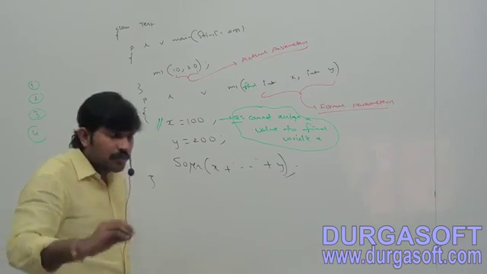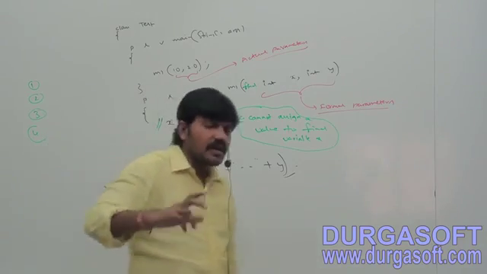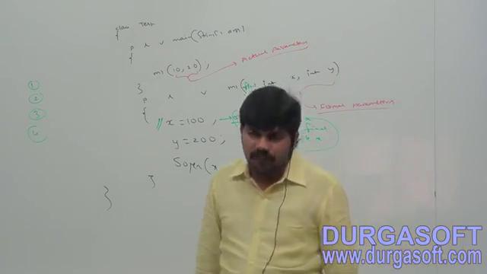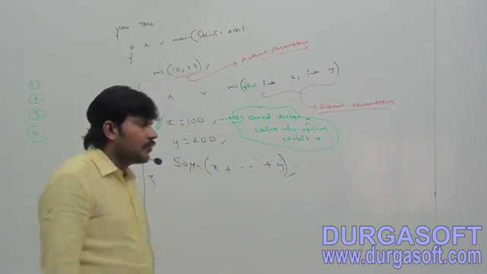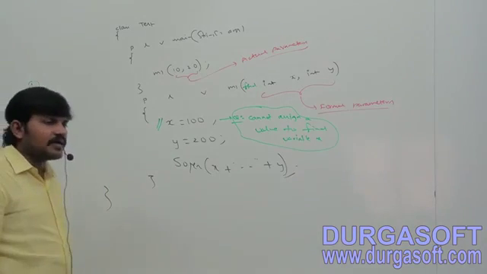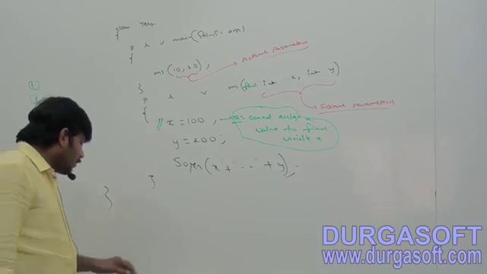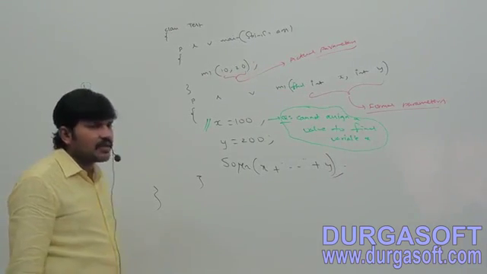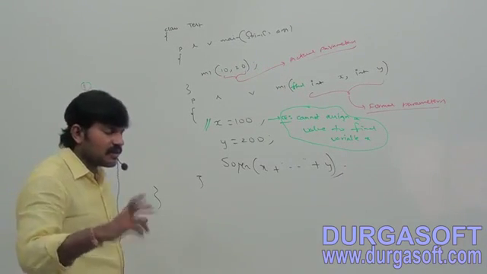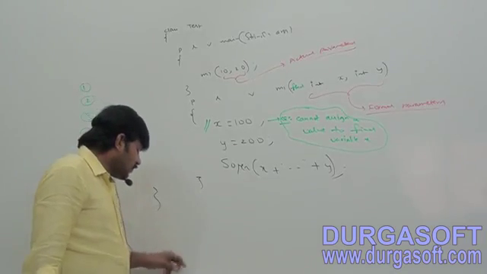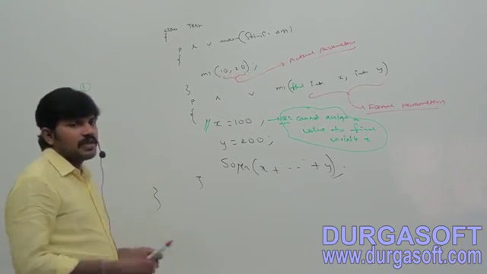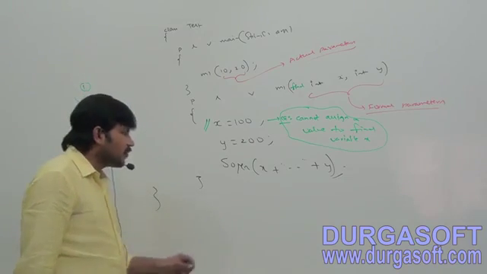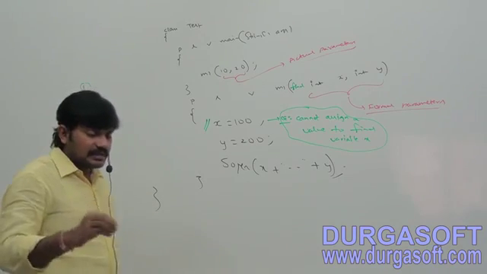Next, if a formal parameter is declared as final within the method, then within the method we can't perform reassignment.